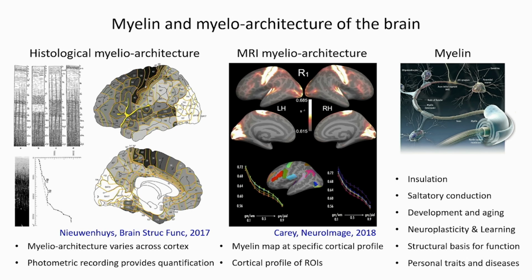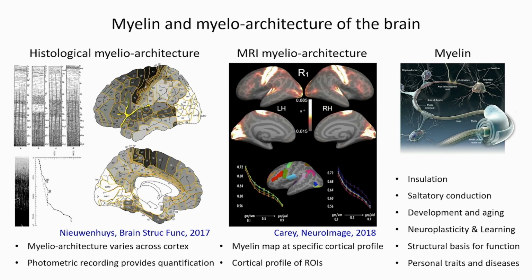But recent studies have really revealed the breadth of information that is contained within the myelination or the myelin concentration in the brain. For example, developmental changes as well as aging show large changes in the myelination, and neuroplasticity as well as learning has been shown to be related to the myelination directly.